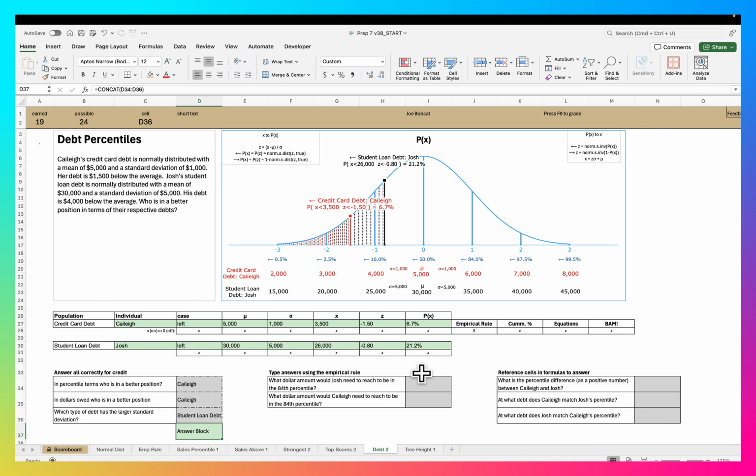Okay. All right, now the empirical rule. What dollar amount would Josh need to reach to be in the 84th percentile? So 84th percentile, Josh is 35,000. What dollar amount would Kaylee need to reach for 84th percentile? That would be 6,000.